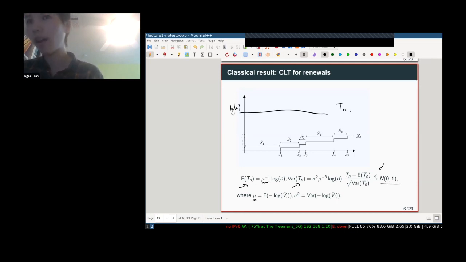Let's qualitatively check that this makes sense. If mu is large, that means on average I take a really big bite each time. Then I should not take so much time to reach log n. So if mu is large, the expected value of T_n should decrease. So this at least intuitively makes sense. The variance is much harder to check, but you see there's something that involves the noise-to-signal ratio, sigma over mu, of the size of the average jump.